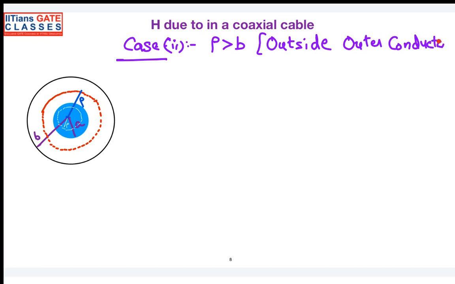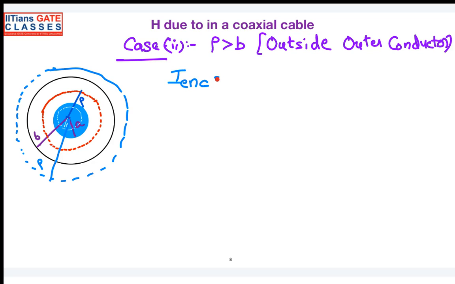First of all, what is the total enclosed current when you take a loop outside? When you take a loop outside, how much current are you going to enclose? This rho is the radius of the imaginary loop. So what is the total enclosed current? You can reply.